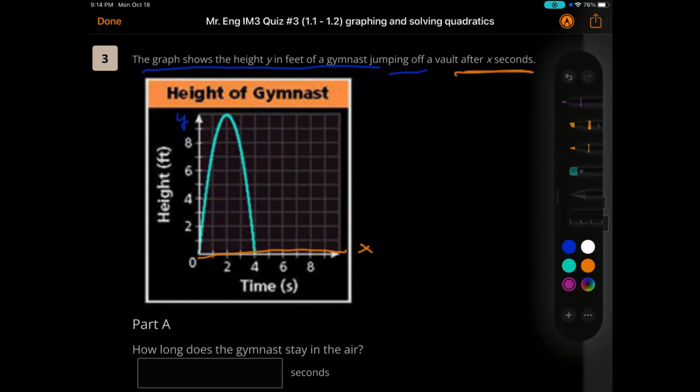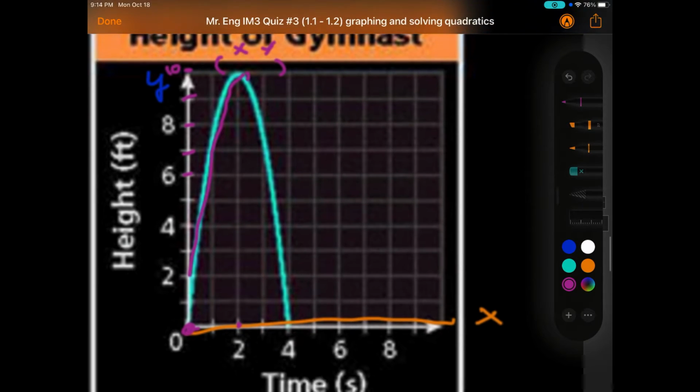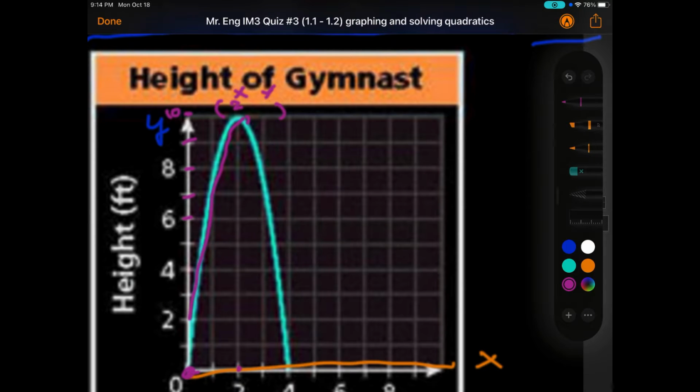Okay, so our gymnast starts at 0 seconds and goes to a maximum height of, so 6, 7, 8, 9, this would be 10. So this is a max height of 10. But remember, it is xy, so this would be a 2. So at 2 seconds, it has a maximum height of 10.